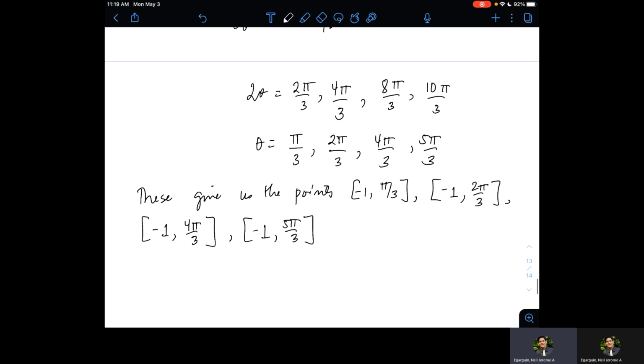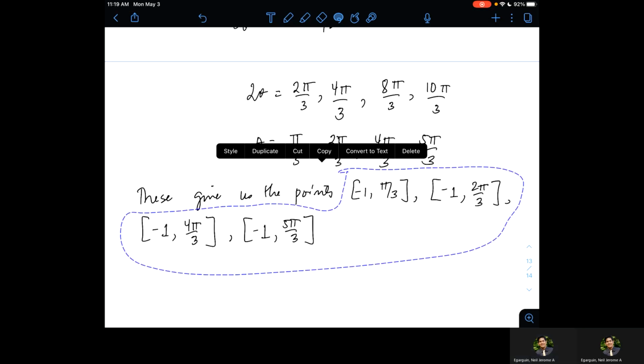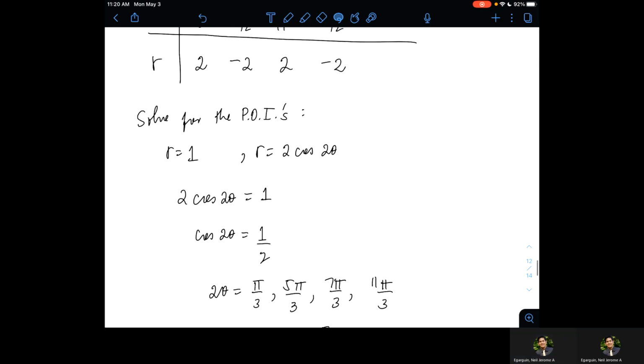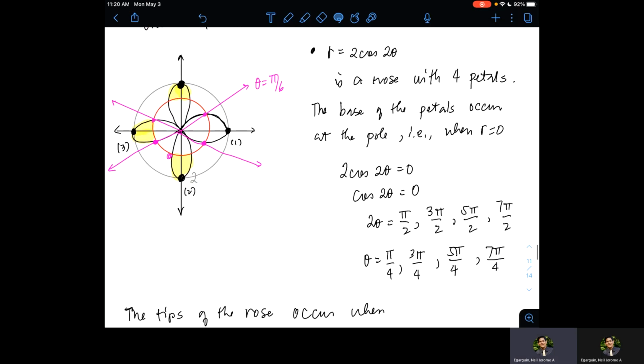And let's see where these points lie. Let me just copy paste them so that I don't need to go back here. Okay, let me put that here.